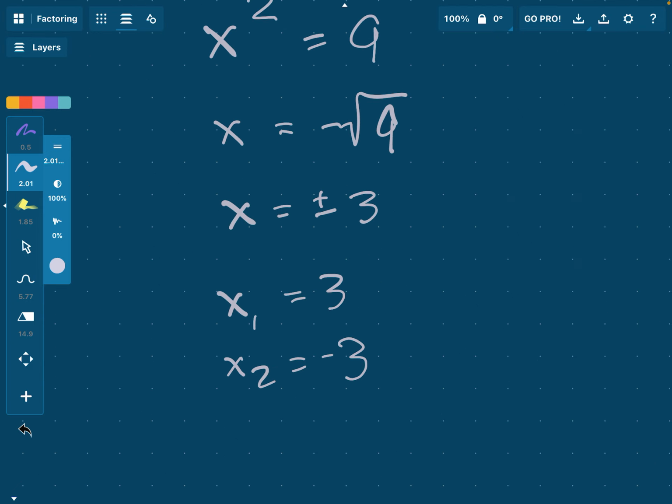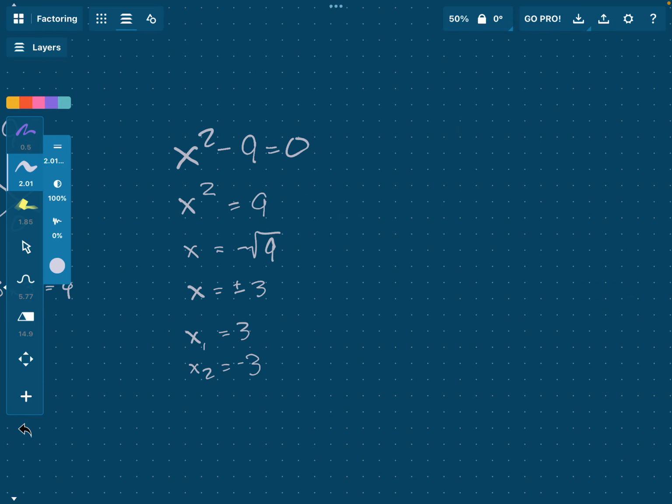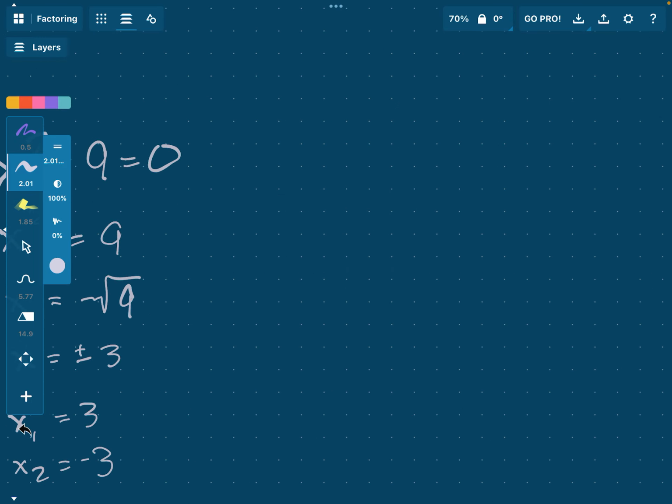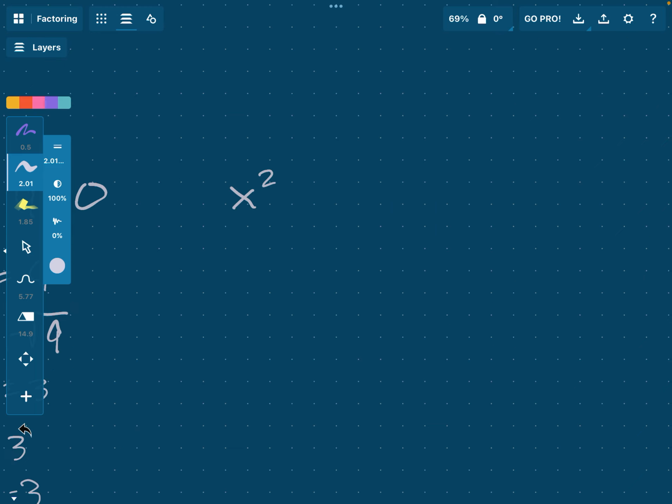Be careful with this though, because a lot of people, and me included when I was learning this, wanted to do the following. If I can do that, what I should be able to do also is take something like this, and I don't even know how pretty of an equation this is just off the top of my head.